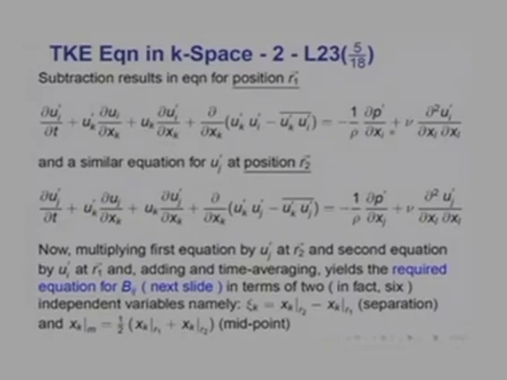So, this is simply subtracting the mean Reynolds equation from the instantaneous form of the momentum equation.